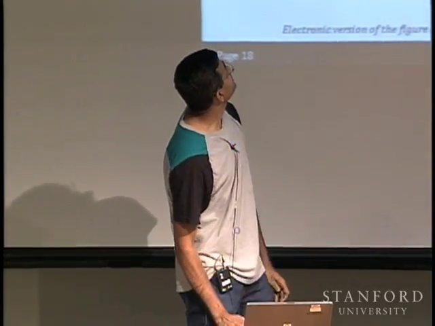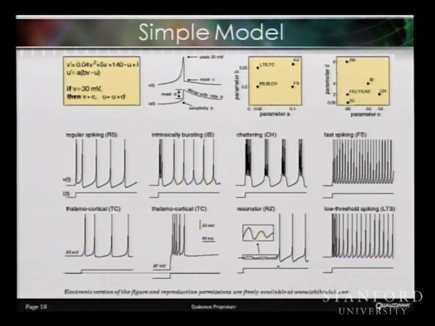So what is this neuron model? At the top you see a V prime and U prime. Those are the two nonlinear differential equations, coupled nonlinear guys. And there are 4 parameters in them: A, B, C and D. And the amazing thing is that by just changing these 4 parameters between different values, you see those 2 little yellow squares, they represent a map of the A, B, C and D parameters.